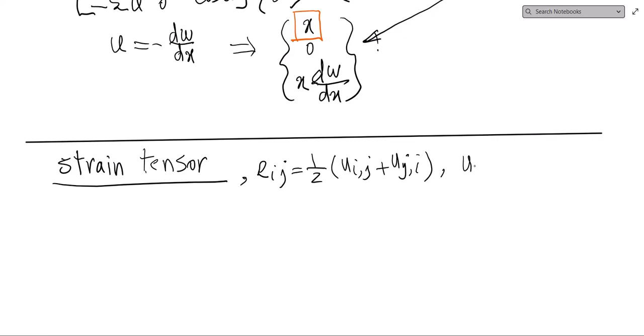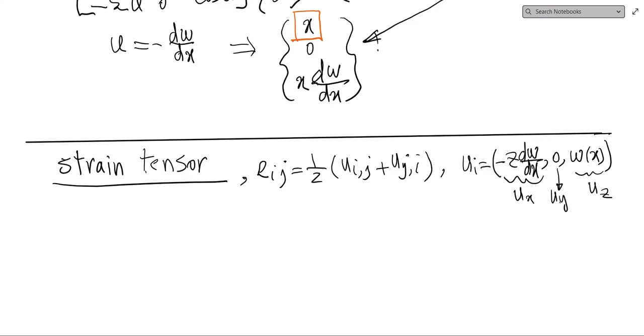And we have u_i as minus z dw/dx, 0, and w as a function of x. So this is our u_x, u_z, and this is u_y, which is 0. Three components of the displacement vector.